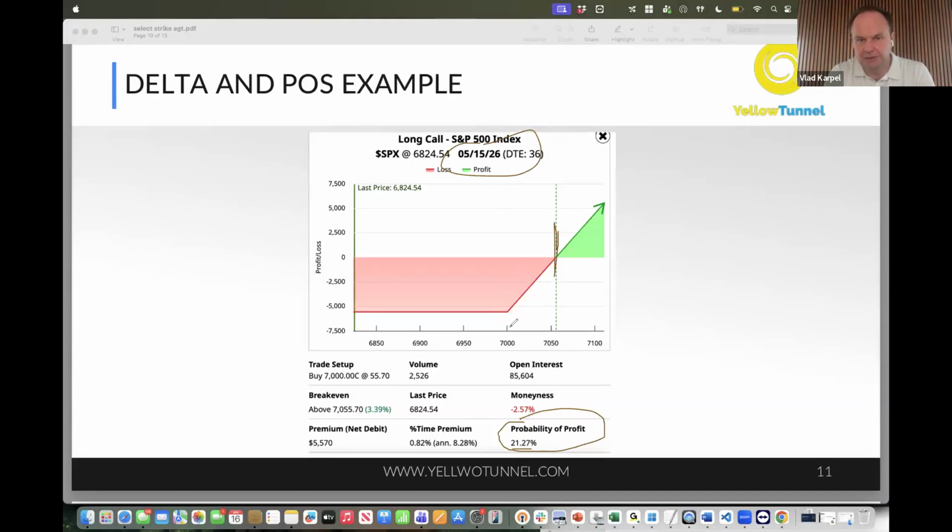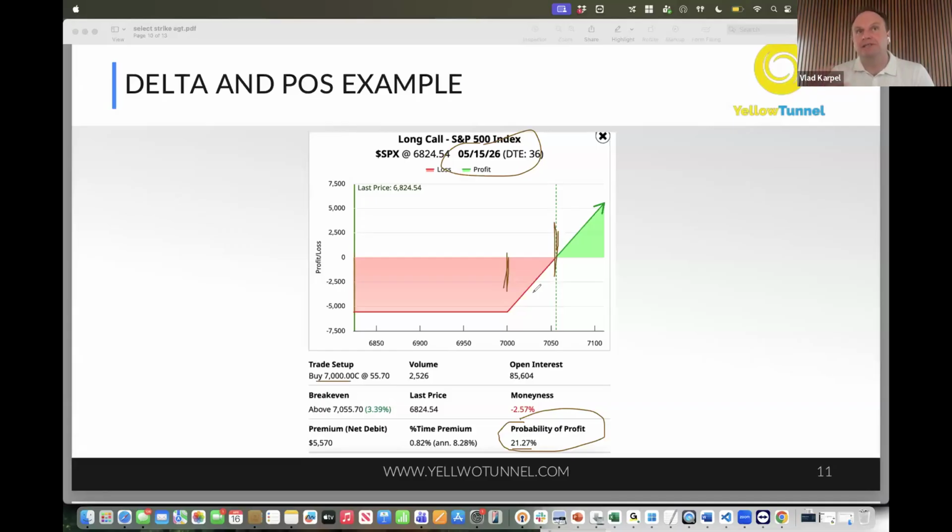It's one of the Greeks for option derivatives, showing you the probability of the stock reaching that level.